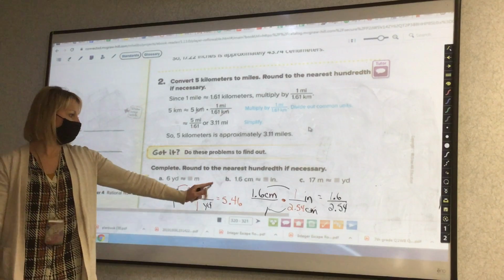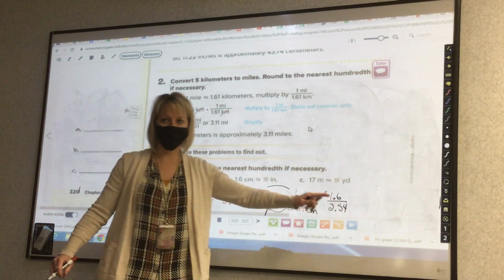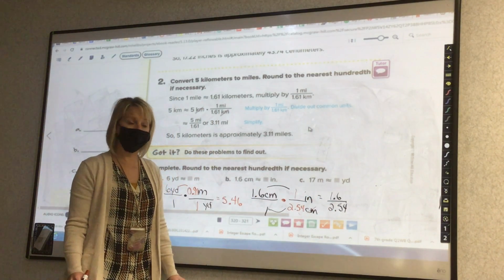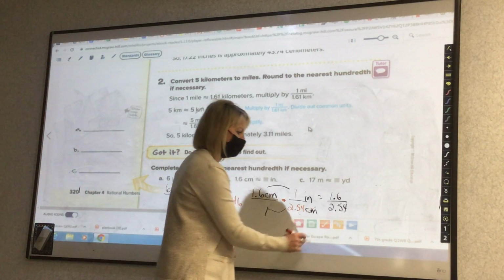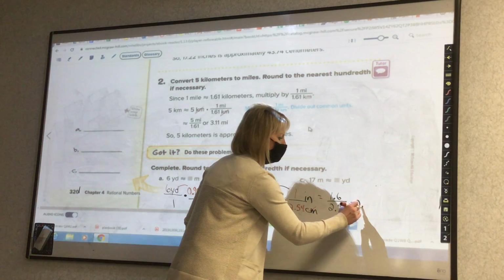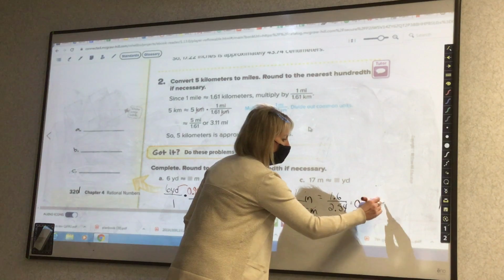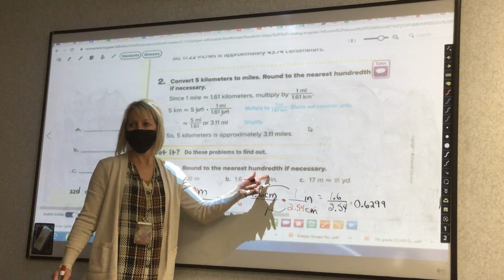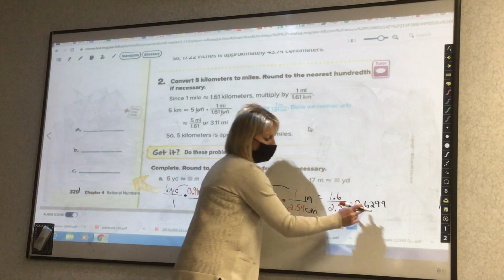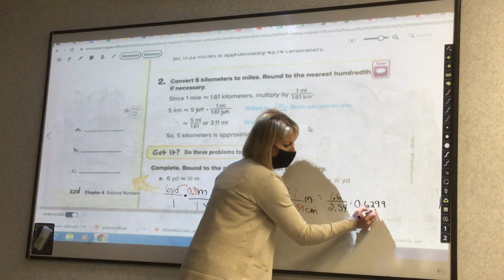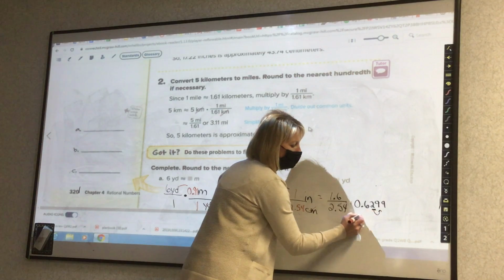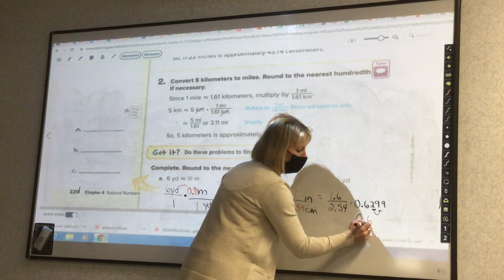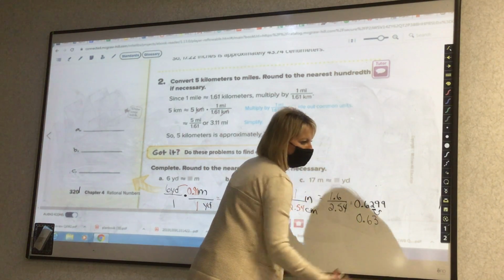Have you put it in your calculator, Katie? 0.62992. I can stop because I'm rounding to the nearest hundredth. So I go tenths, hundredths. Underline the hundredths place. Arrow to the right, and it would be 0.63.